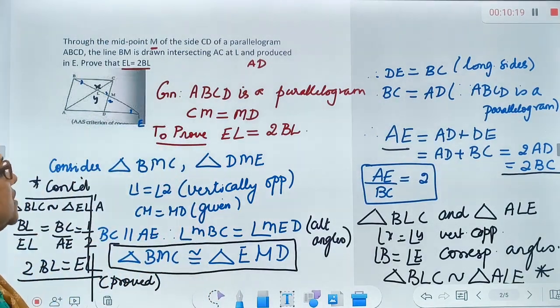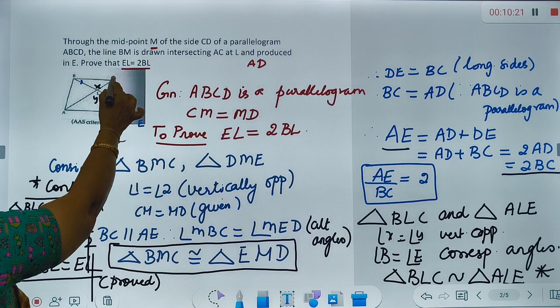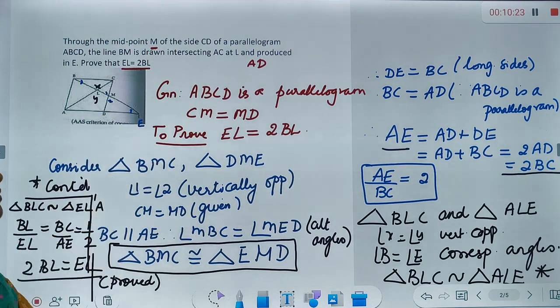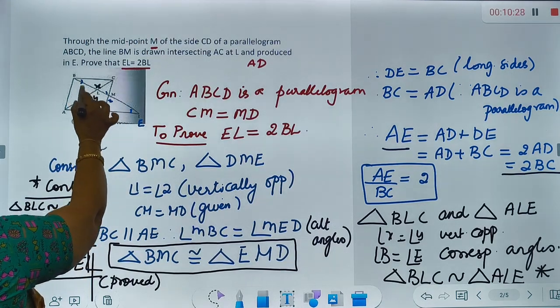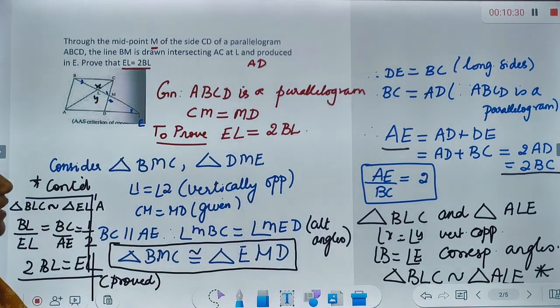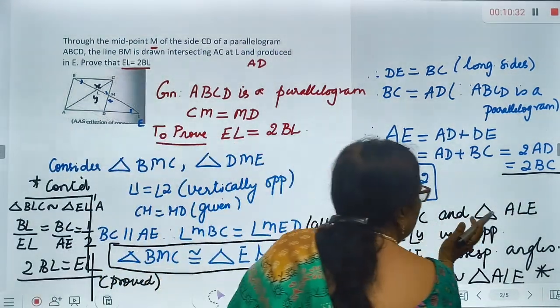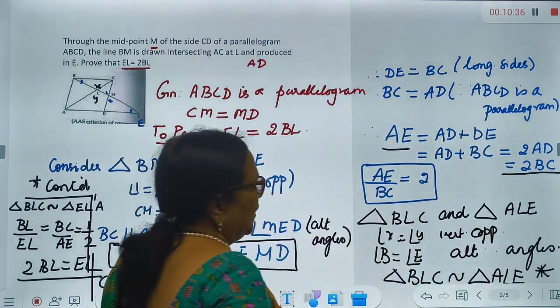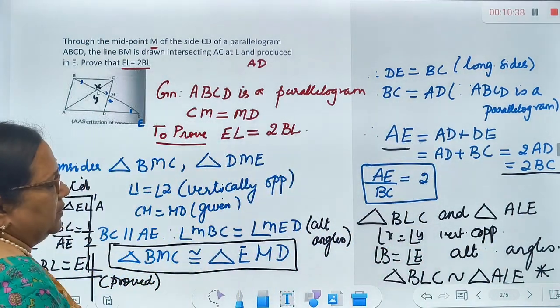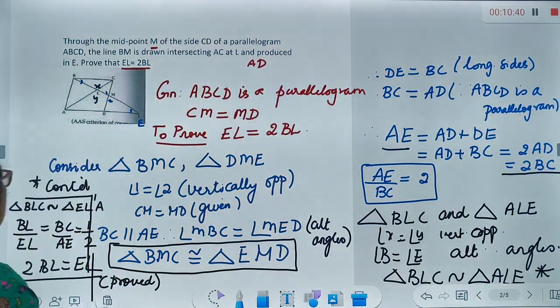Okay. Next, look at triangle BLC and triangle ALE. X is equal to Y, they are vertically opposite. Angle B equals angle E, alternate angles, not corresponding. Therefore, the two triangles are similar. How will you write the similarity?